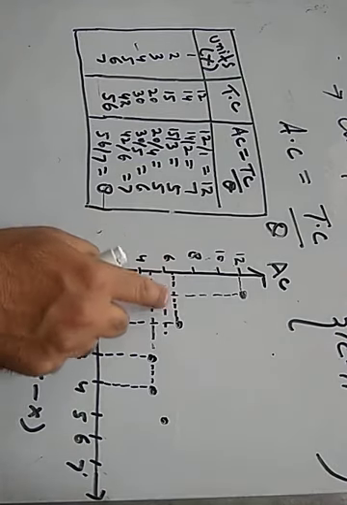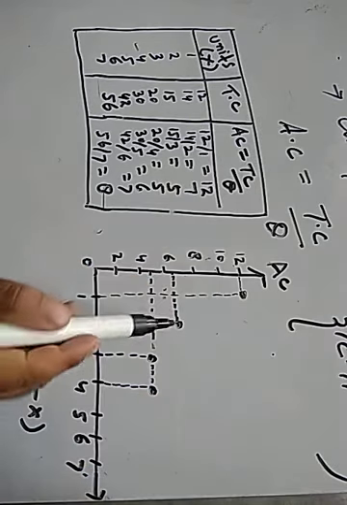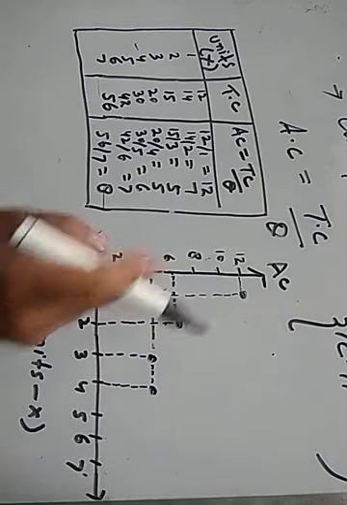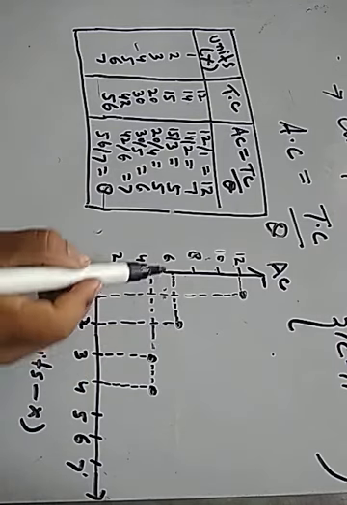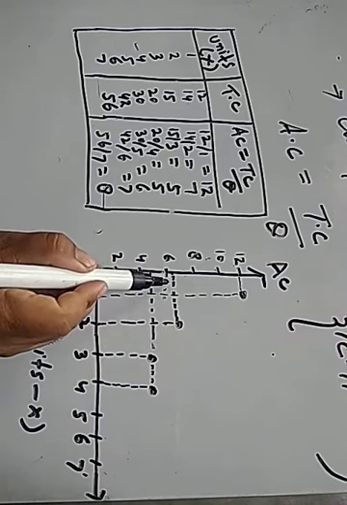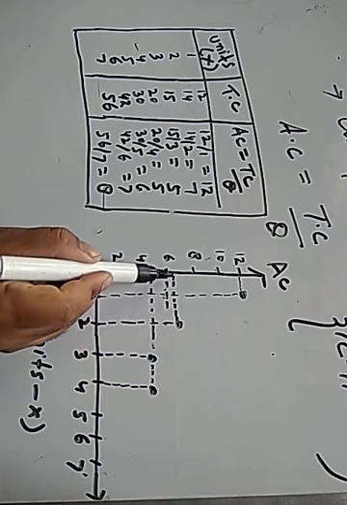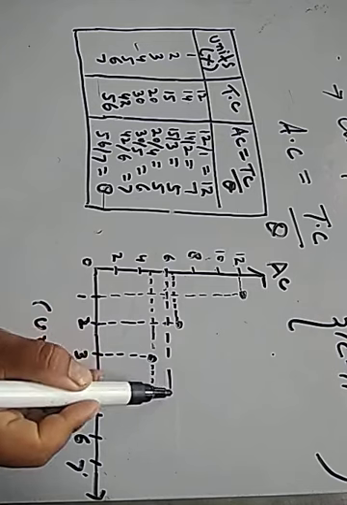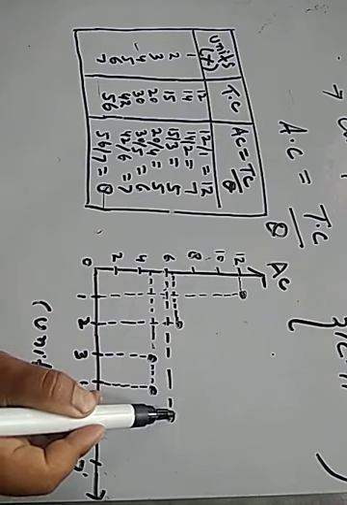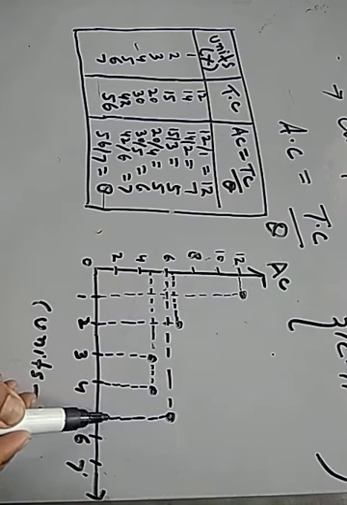Sorry, 6 is here. This one. This is 7, this one is 6. Level of output is 5.